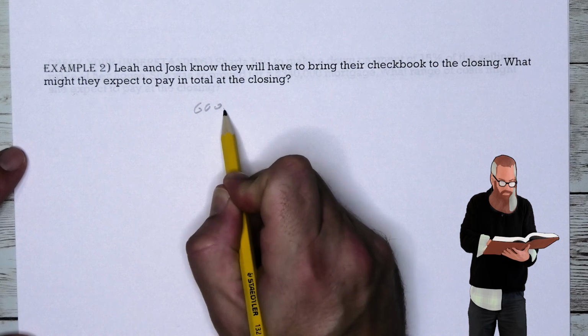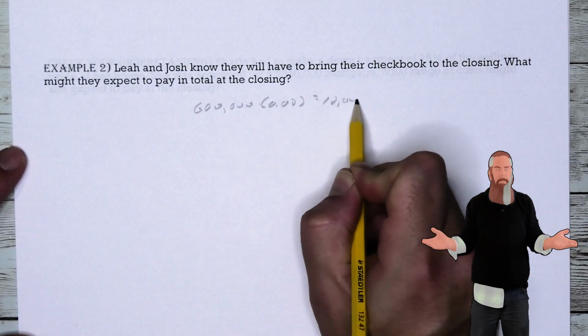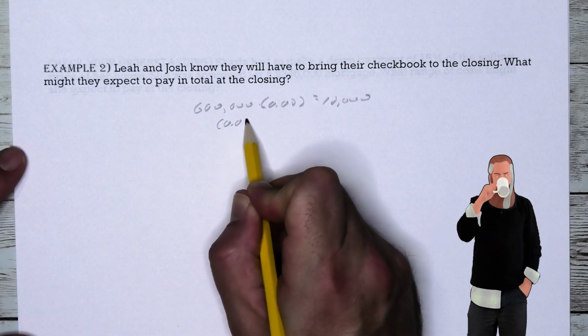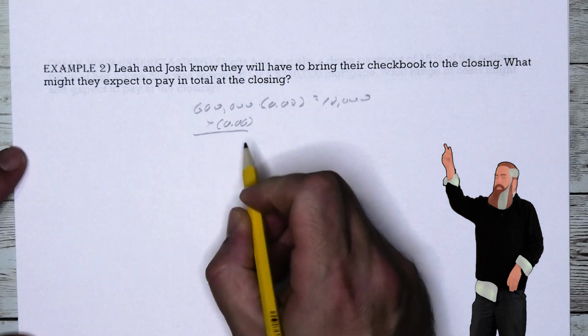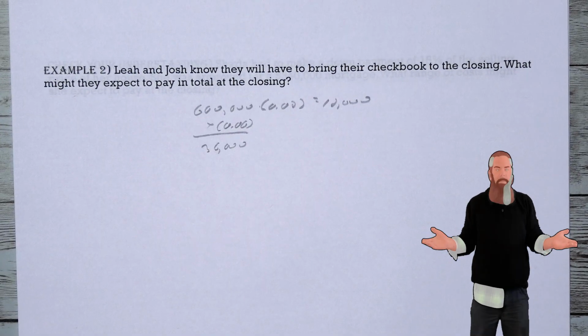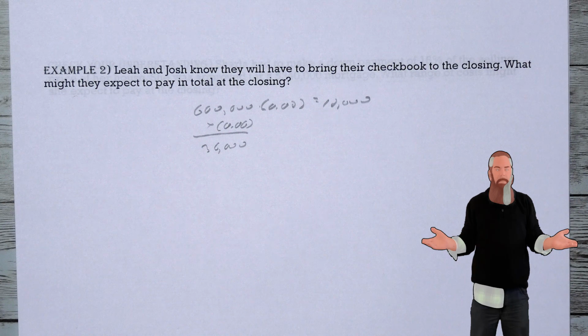So $600,000 times 2% gives us $12,000. Now, if we wanted to find out what it was for 6%, we would multiply by 0.06, and in that case, we would get $36,000. So Leah and Josh should be prepared to write checks that will total from $12,000 to $36,000 at closing.